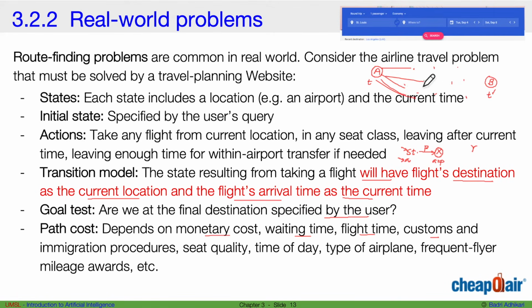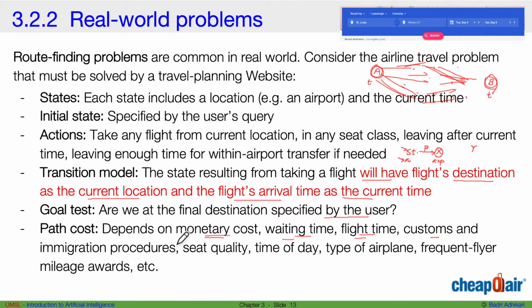So you have so many options of going through all of these cities and eventually reaching city B. What path should we take from city A to city B so that we have minimum monetary cost, waiting time, and all of these other parameters?